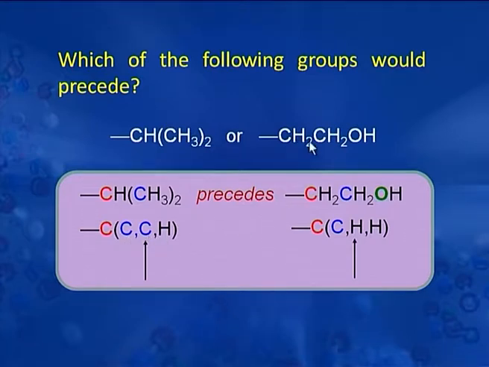Whereas in CH2CH2OH, although it has one hydroxyl group, we have to look for the atoms at the second position, and we find that after this carbon there are 2 hydrogens and 1 carbon. So we meet 1 carbon here in place of 1 hydrogen. Carbon has higher atomic number, so this isopropyl group is given the higher priority over CH2CH2OH group.